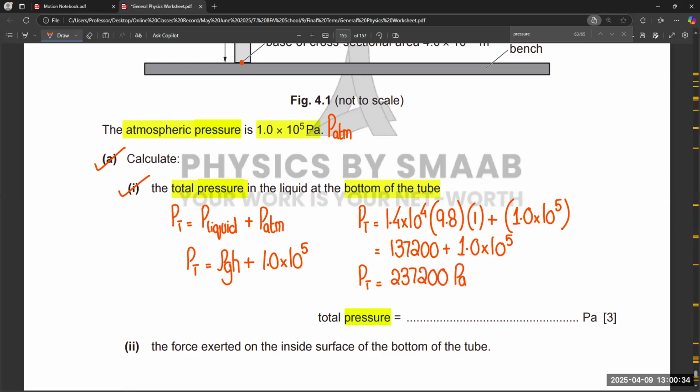pascals. You can also write your answer in scientific notation, or another way to write your answer is to round off to two significant figures. This is another way to write your answer. And we have one more choice to write this answer, 2.4 × 10^5 pascals.